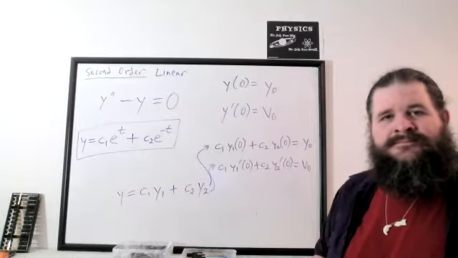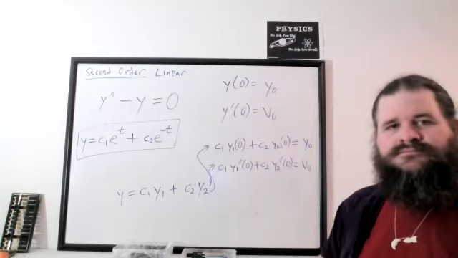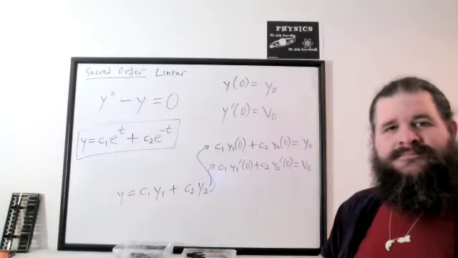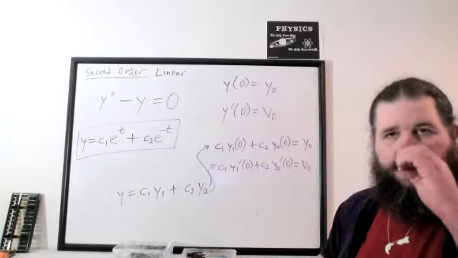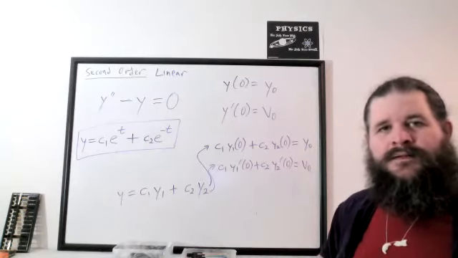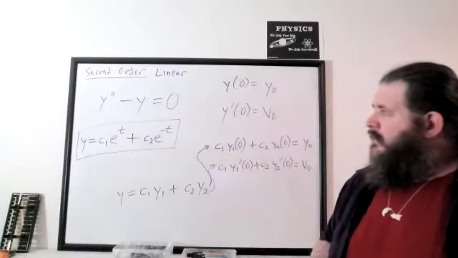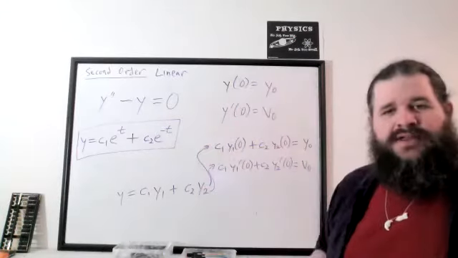So then, if we were to solve this given system, we would have to have values and then figure out what the respective C1 and C2 are. Because y1 and y2 are just going to be whatever functions you got from the original differential equation, the individual solutions.